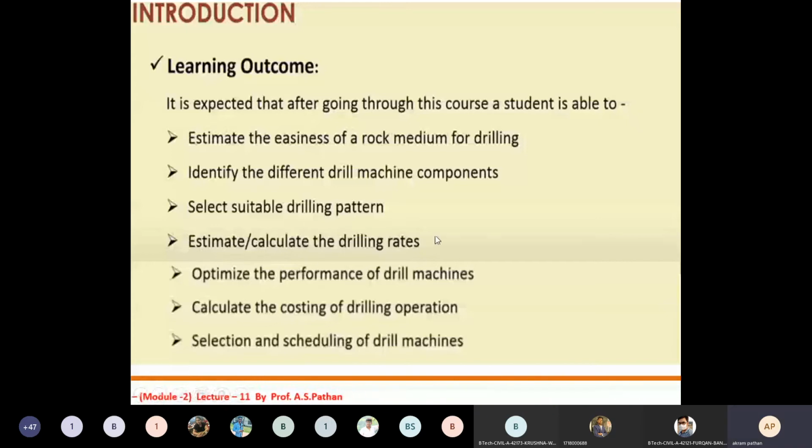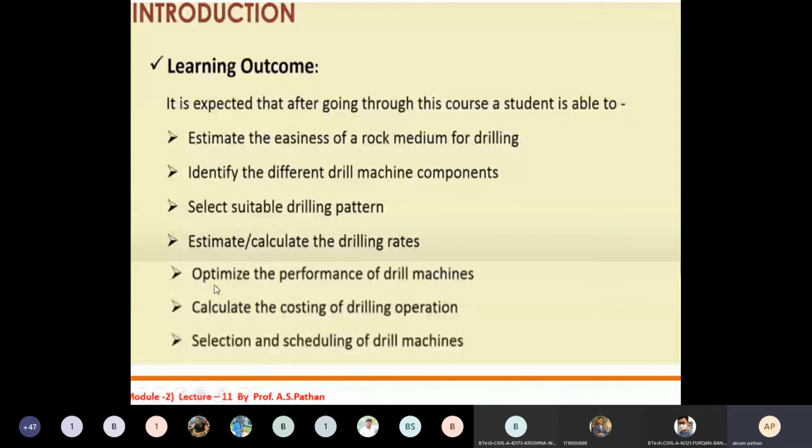Suppose you drill a certain number of holes in a rock; one hole carries a certain rate. So the total cost of drilling we can calculate easily after completing this drilling and blasting course.